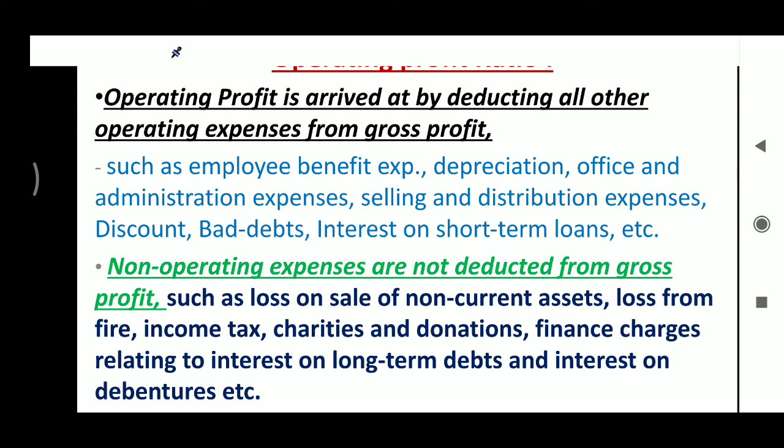So what are the non-operating expenses? Loss on sale of non-current assets, loss from fire, income tax, charities, donations, finance charges related to interest on long term debts and interest on debentures. These are part of non-operating expenses, and they are not supposed to be deducted from gross profit for the purpose of calculation of operating profit.